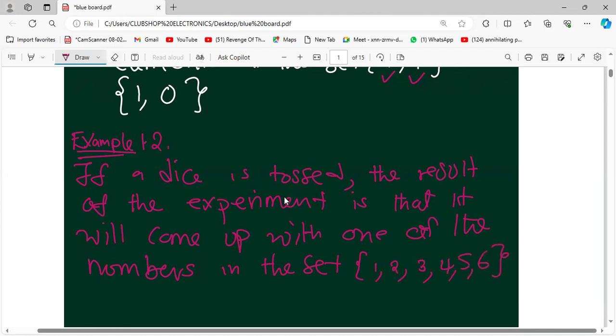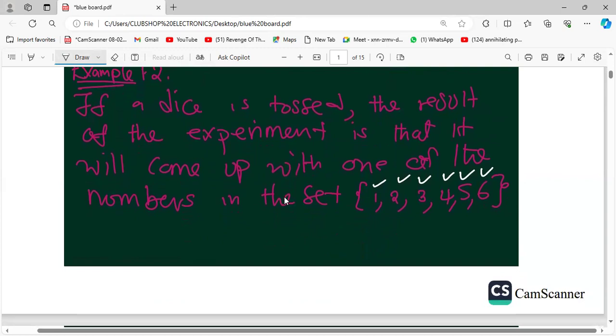So once a dice is tossed, any of these numbers may pop up. Our experiment is random.